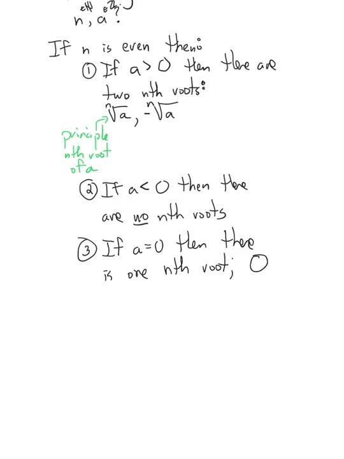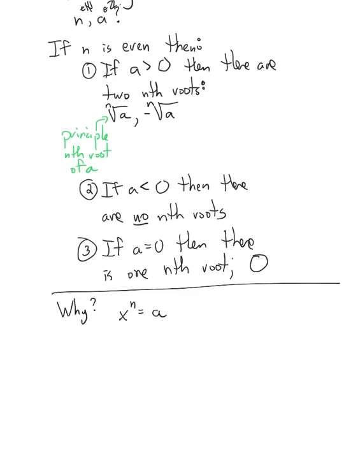So let's look at why. Okay. So what does the nth root of a mean? Well, it's a solution to the equation x to the n equals a. But remember, n is even, so just keep in mind that that's an even number.